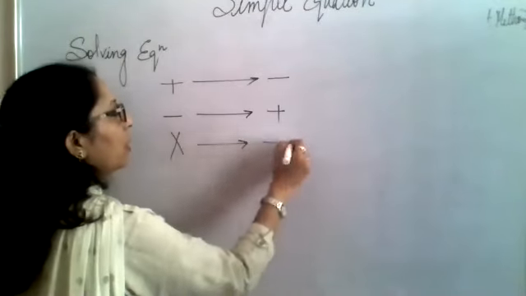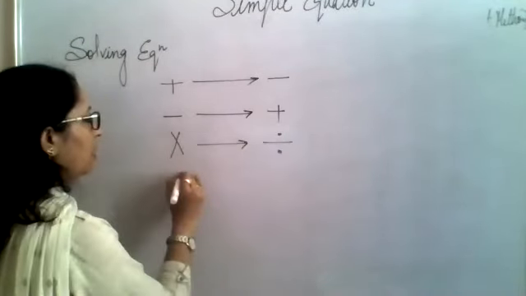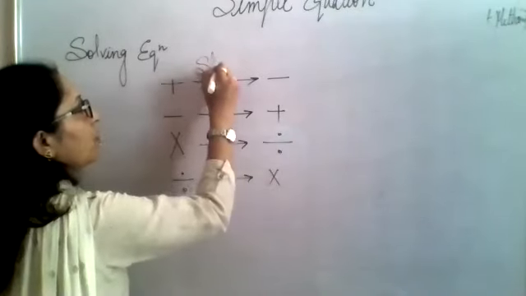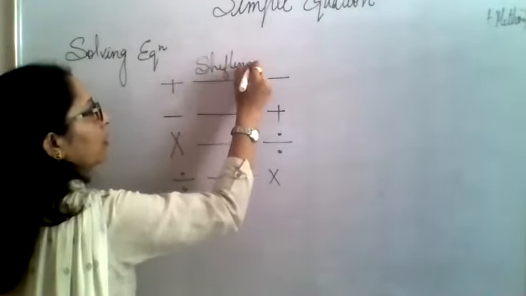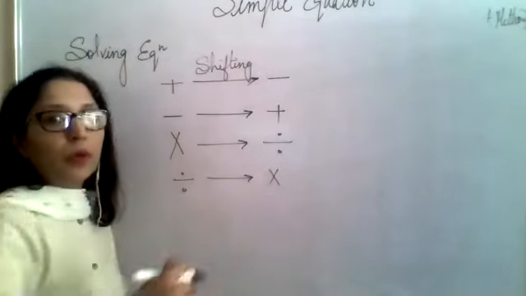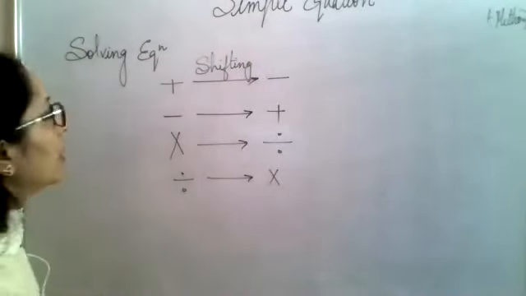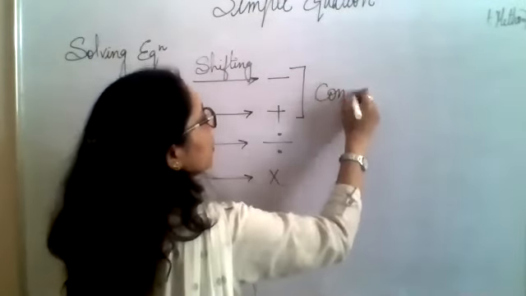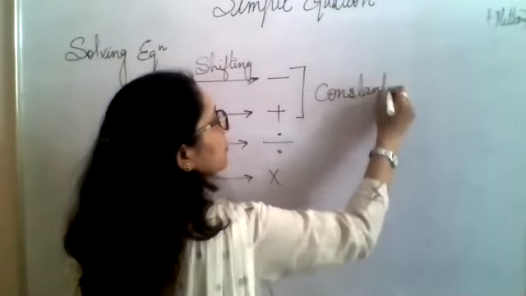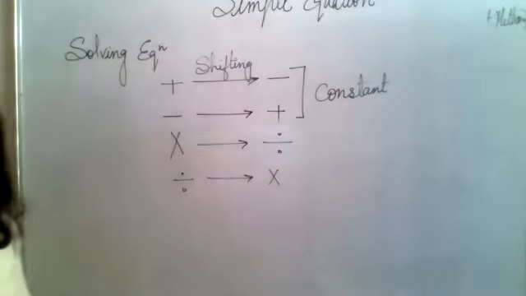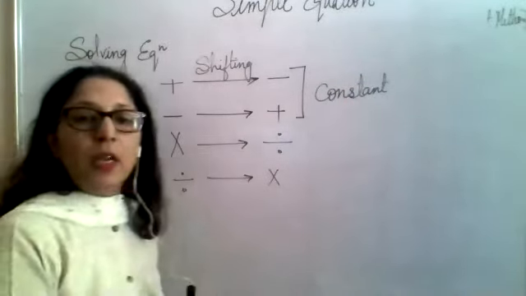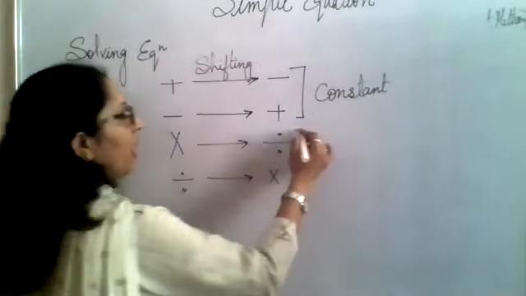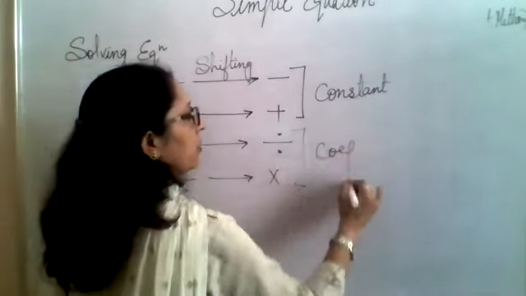Multiply becomes divide and divide becomes multiply when you are shifting. Generally this plus minus happens with constant terms. When you shift constant to the other side, either you add or subtract.